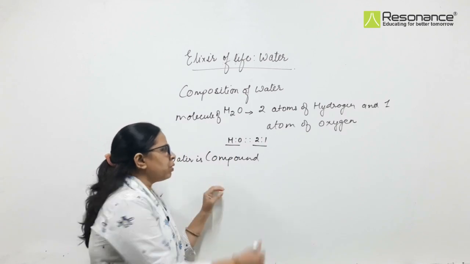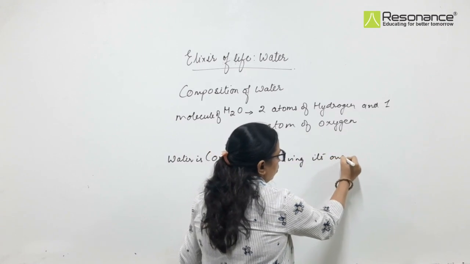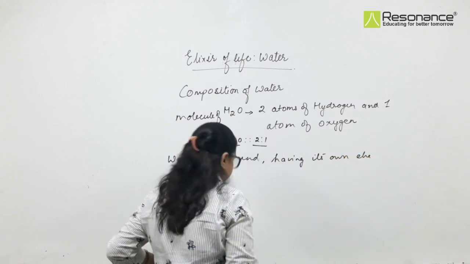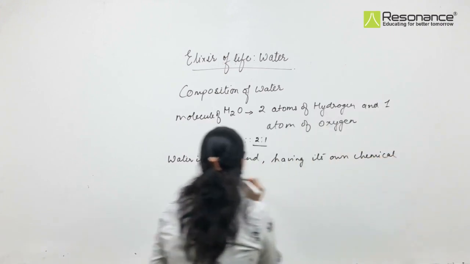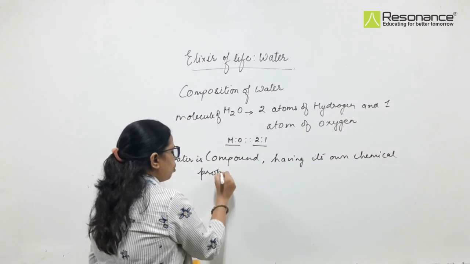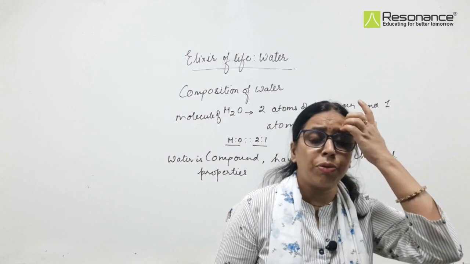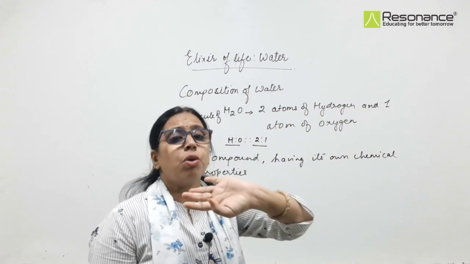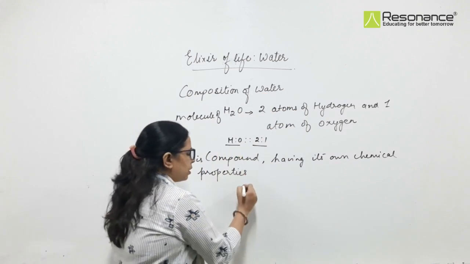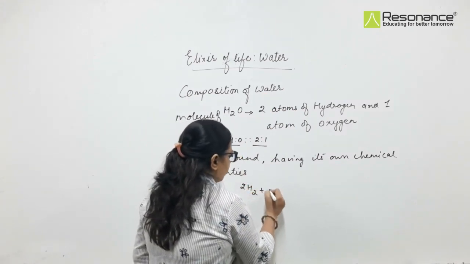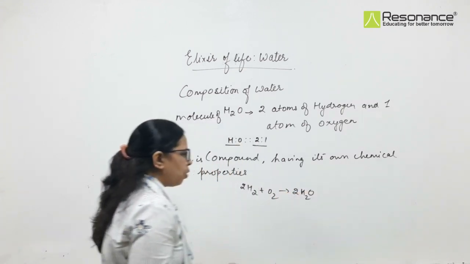So water is a compound having its own unique chemical properties, as I told you in previous chapters also, that whatever compounds are formed, they do not take the property of the constituent atoms. So is the case of water. This is how water is formed.